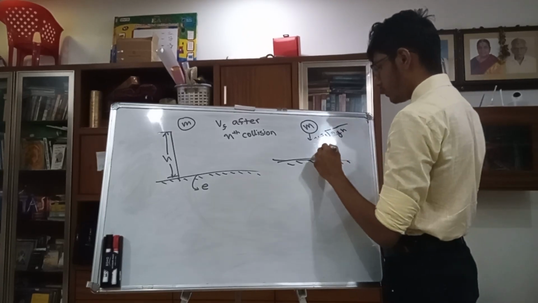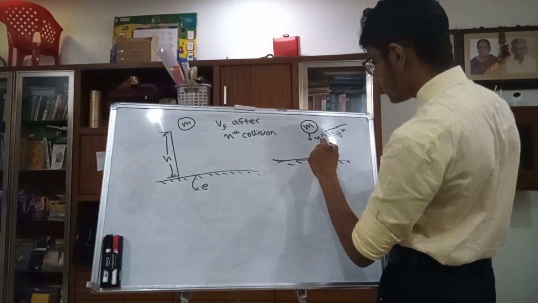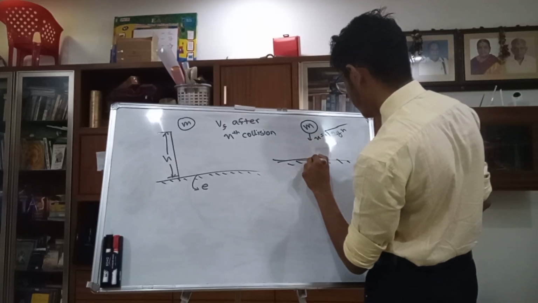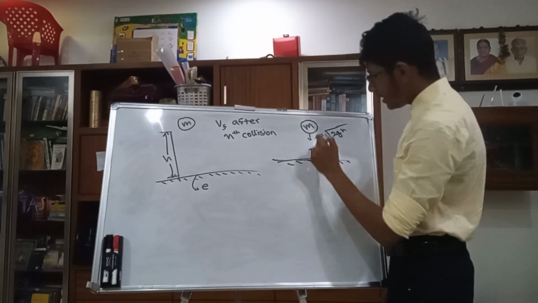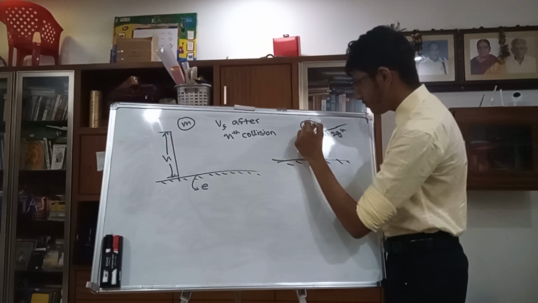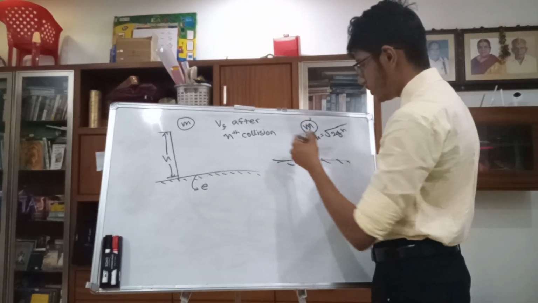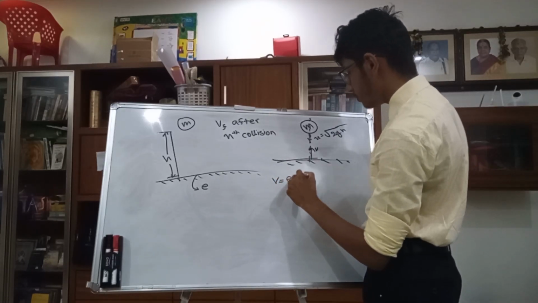Again, it's going to rebound like this with some velocity v, in the same line. Can I tell that this is the line of impact? Along the same line of impact only, the velocity is getting changed. So directly I can write v is equal to eu.